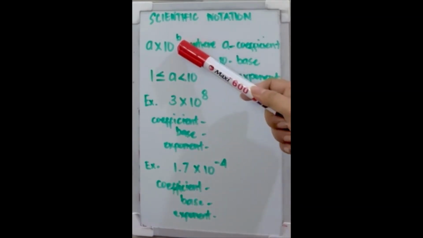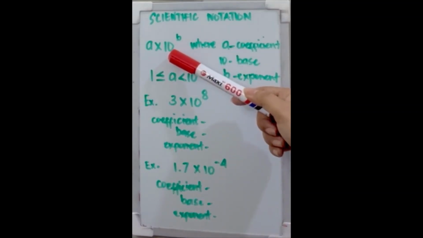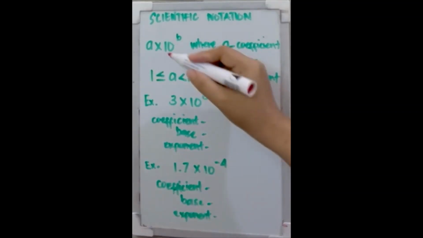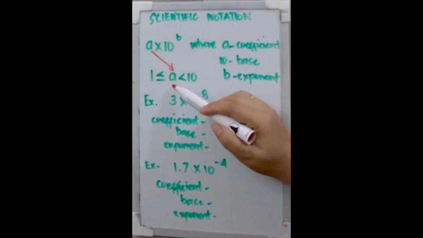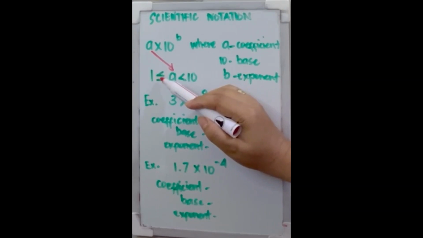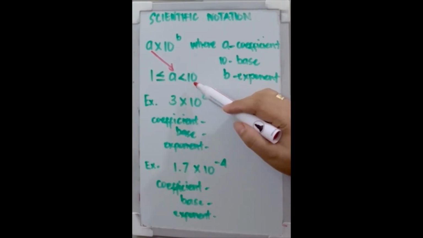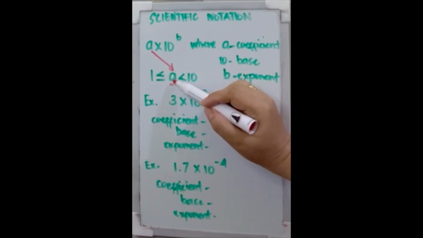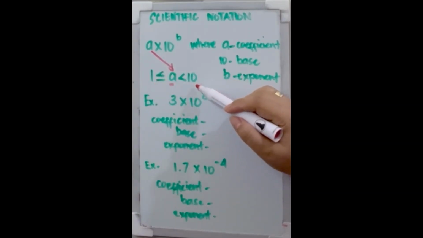The exponent can either be positive or negative, and our base, the 10, will always be constant. Your a, the coefficient, is a number which is greater than or equal to 1 but less than 10. Again, your coefficient should be greater than or equal to 1 but less than 10.